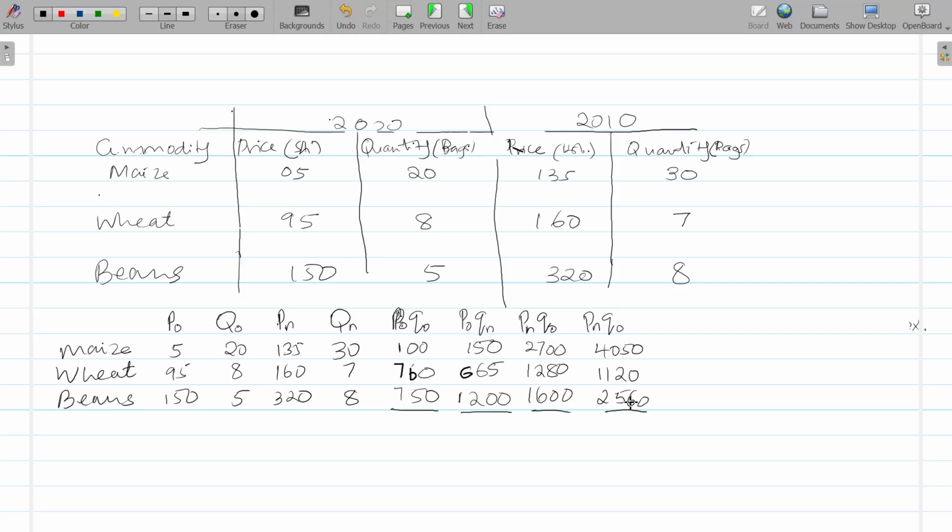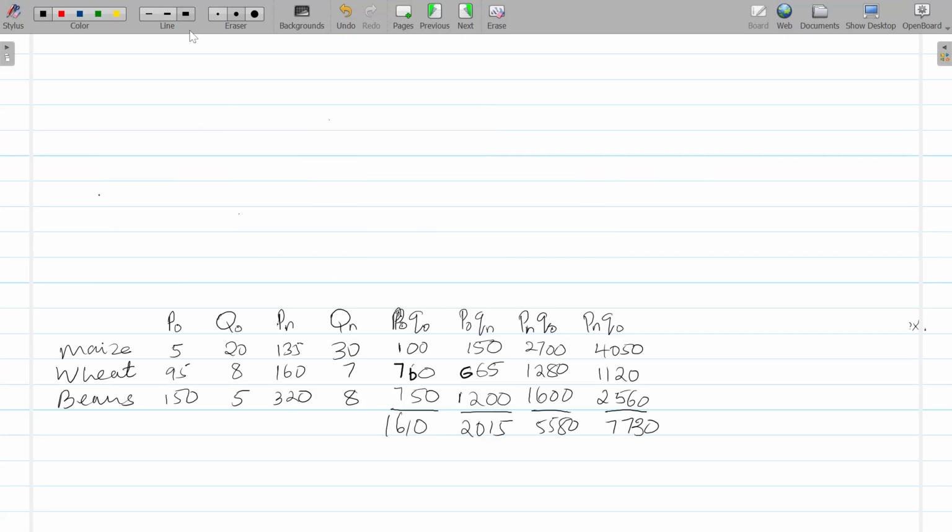That is 160 times 7. And then finally for beans, 2,560. After we have calculated all this, we must get the summation. Summation of P0Q0, summation of P0Qn, summation of PnQ0, and so on. So I calculated the summation of P0Q0, I got 1,610.